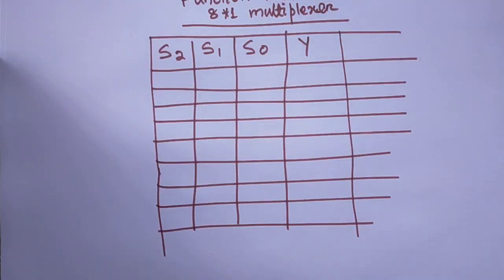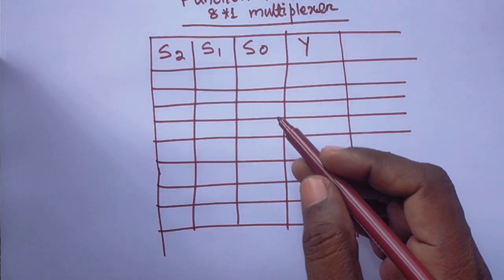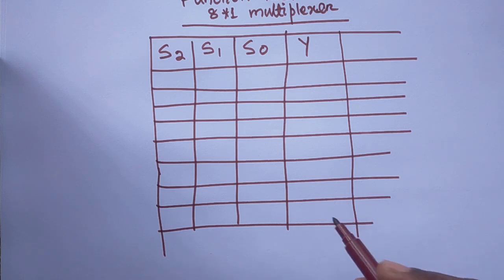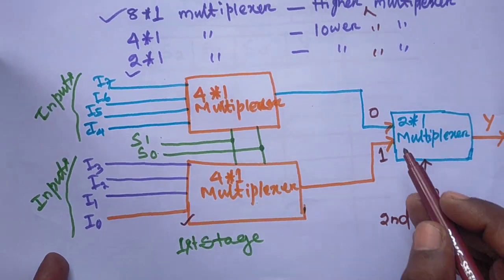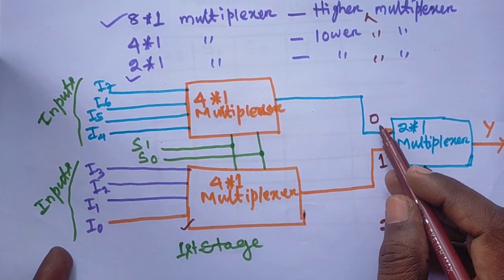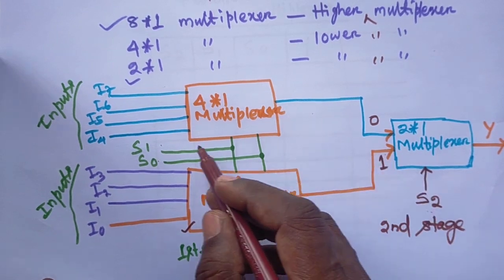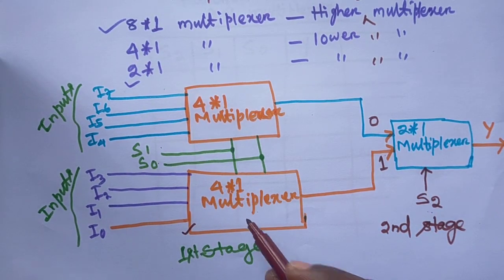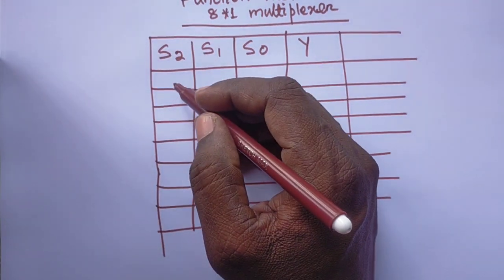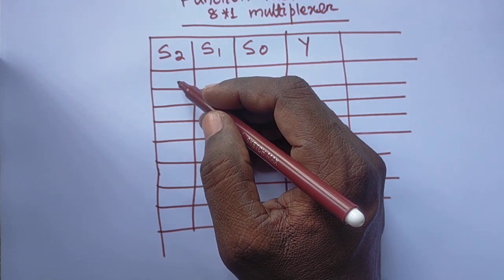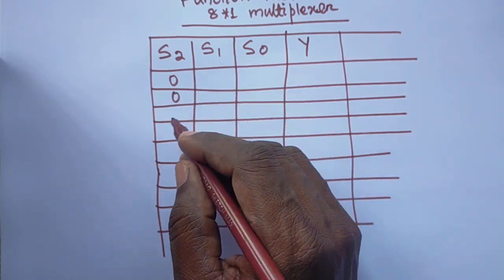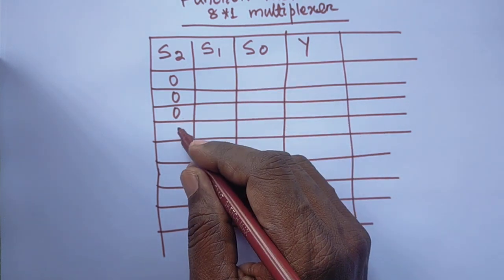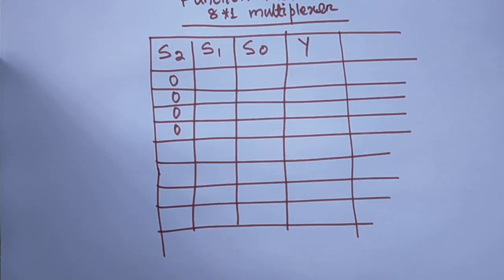Now we see, if we go through this function table, what the values are. As I already told, for S2 we can consider 0 and 1. If it is 0, the other part will be inactive and this part will be active. So if we put 0, then 4 inputs are handled, because S0 and S1 are considered as one multiplexer.